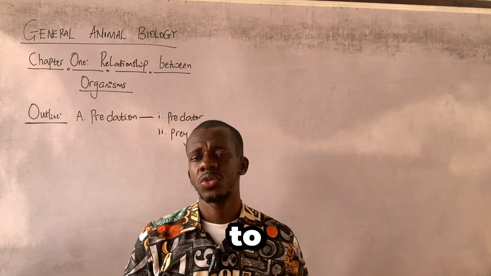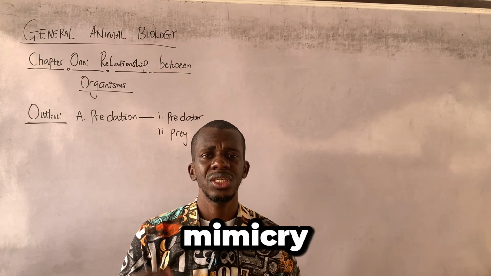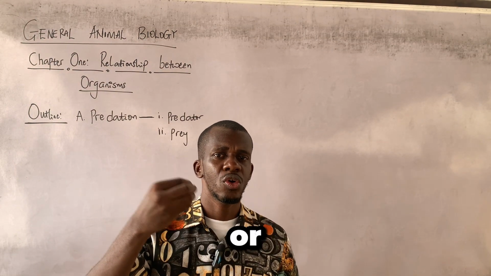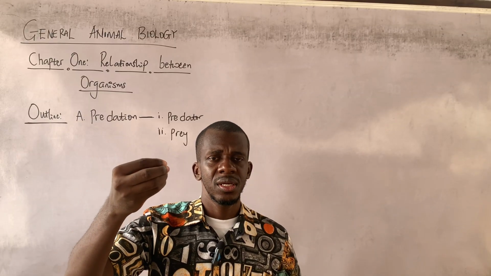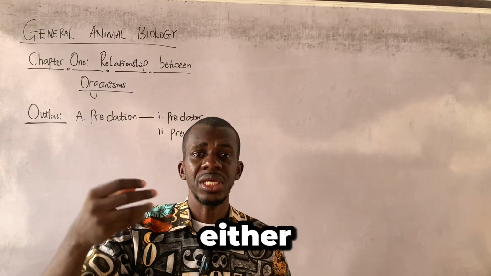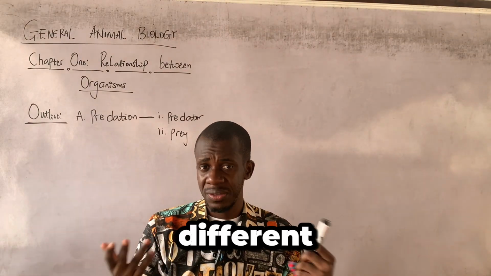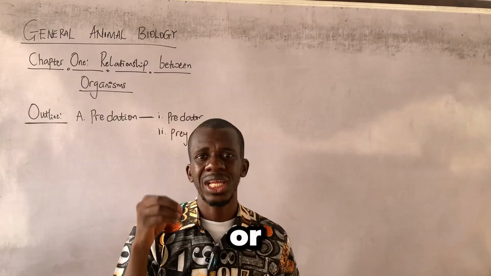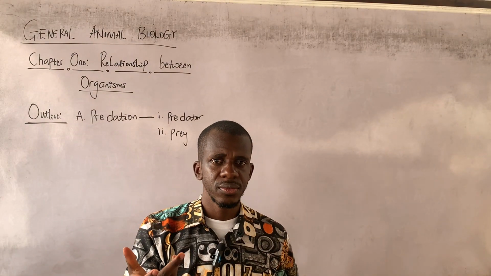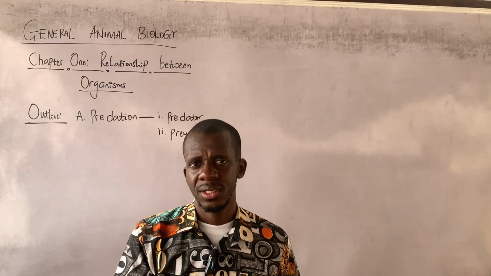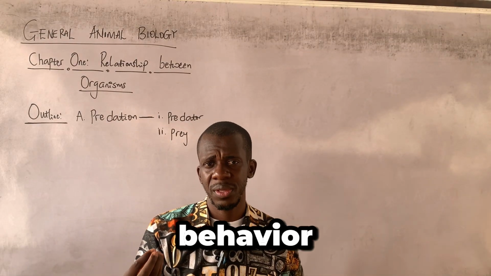Okay, but what you need to know is this: in mimicry, the prey resembles or mimics another particular kind of organism, either of the same species or different, okay, that is poisonous or that is dangerous. Yes, we find this mainly among insects. They manifest this particular kind of behavior.